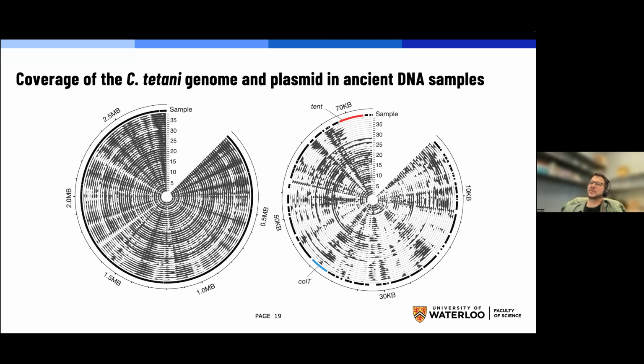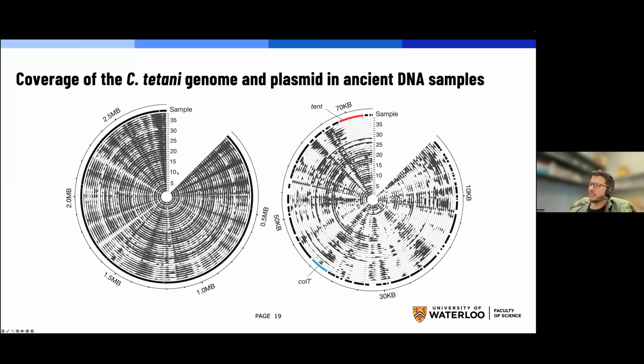So we took the original data sets and mapped the reads to the C. tetani chromosome on the left, and also the plasmid shown on the right. Each ring here shows you the coverage. This is essentially the number of reads that are getting mapped to different parts of the chromosome, and the reference chromosome is shown on the outside versus the plasmid on the right.